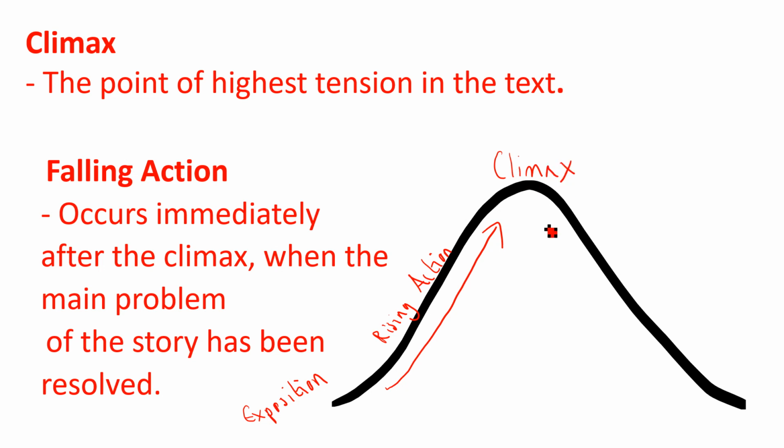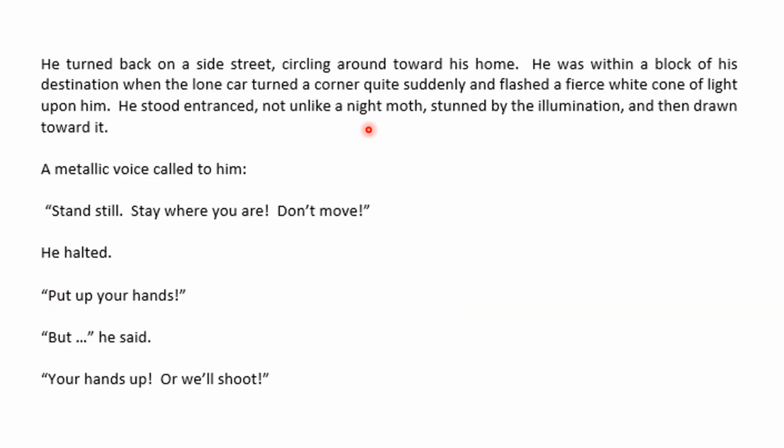And then opposite to rising action, we have falling action. So we read the exposition and the rising action, and today we're going to read the climax and the falling action, and we're going to learn what happens in those parts. So let's get into it.